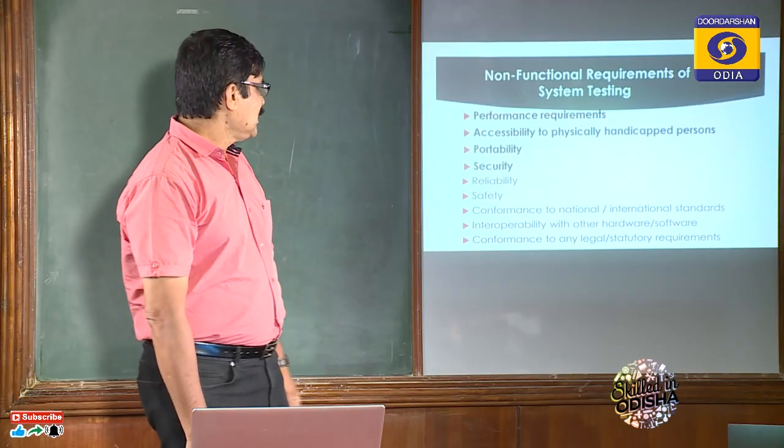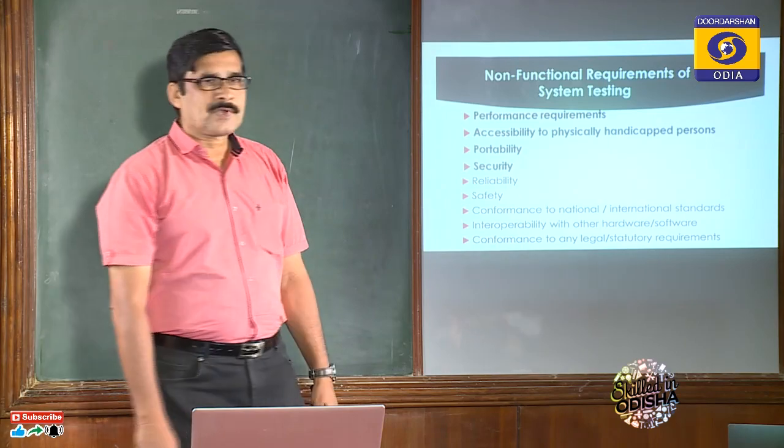problem. Next one, security. Security is a great concern in our daily lives also. So in this system, when a user is using the system, he must be secured. That means the data should not be leaked or misused through the system.